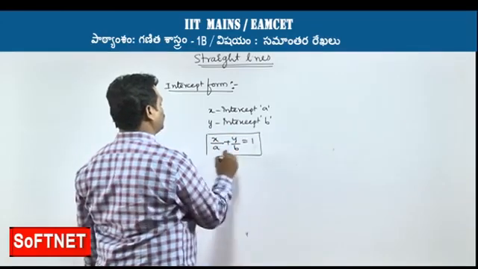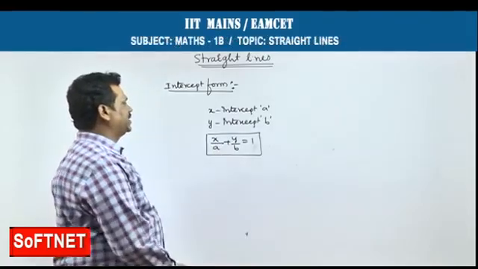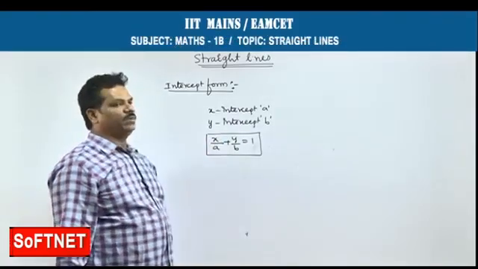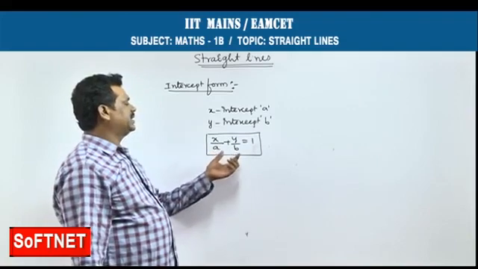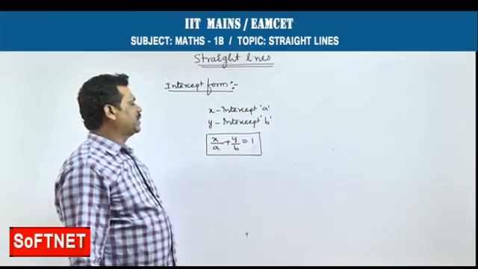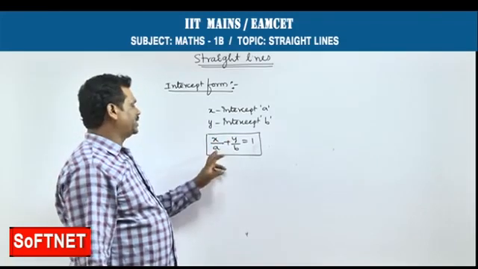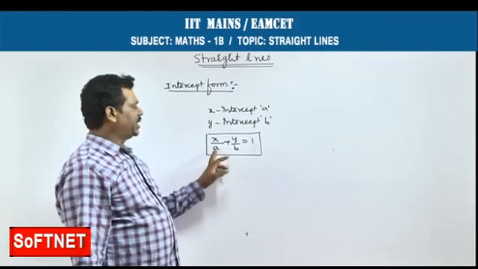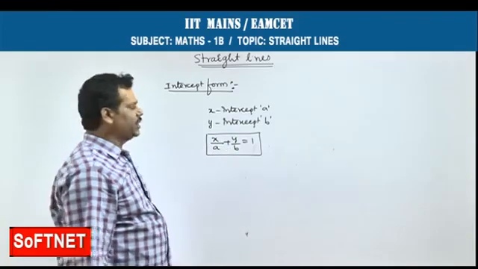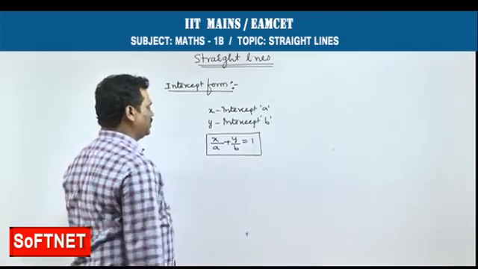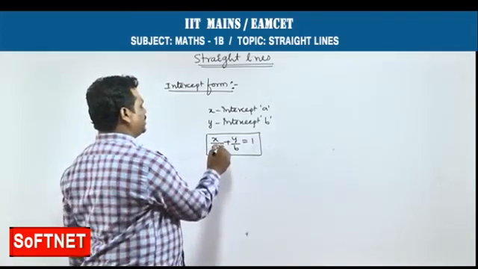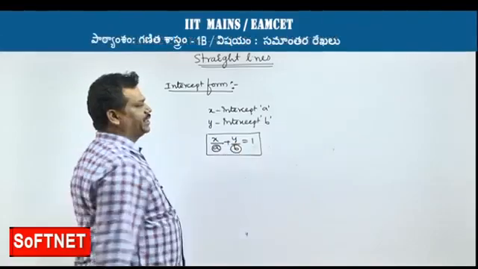This is the equation of the straight line having x intercept a and y intercept b. Here a is called x intercept and b is called y intercept.